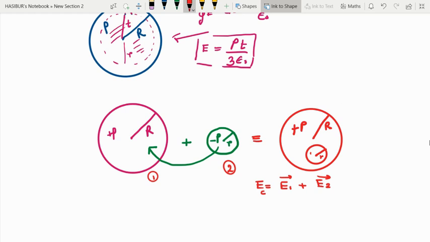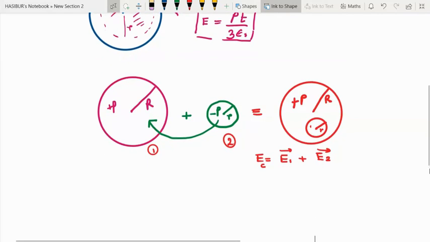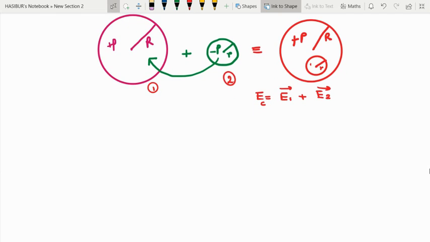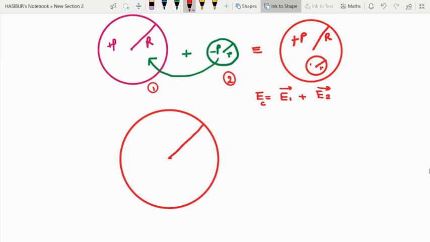So let's draw this figure again, an enlarged view. We have the sphere of radius capital R, and this is the cavity.